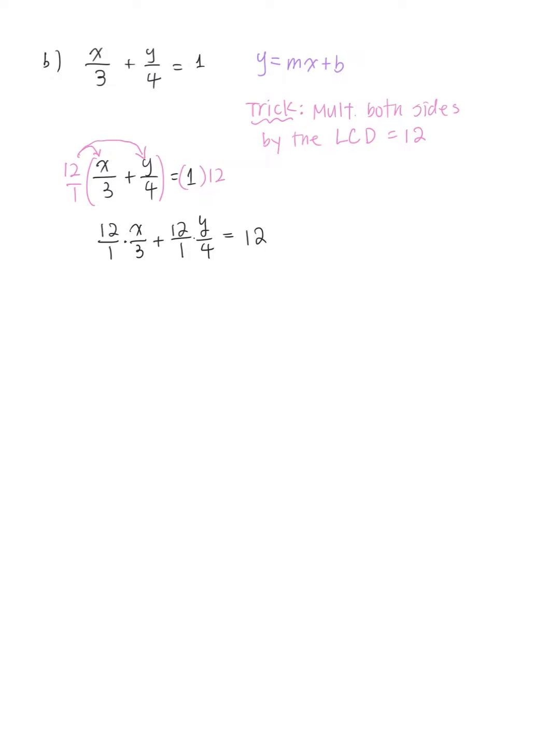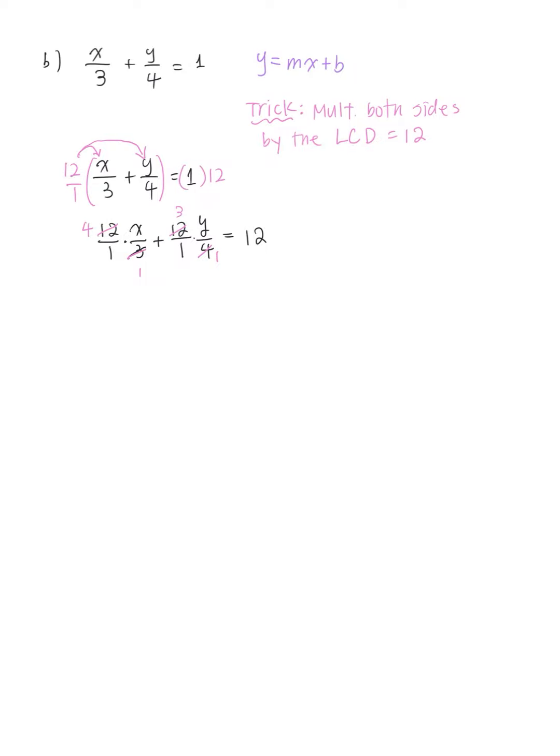Now, here is the cool thing. If you multiply everything by the LCD, you should be able to simplify your equation so that on the next step, you will no longer see that fraction. So here, 3 goes into 3 once, and 3 goes into 12 4 times. And then here, 4 goes into 4 once, and 12 divided by 4 is 3.